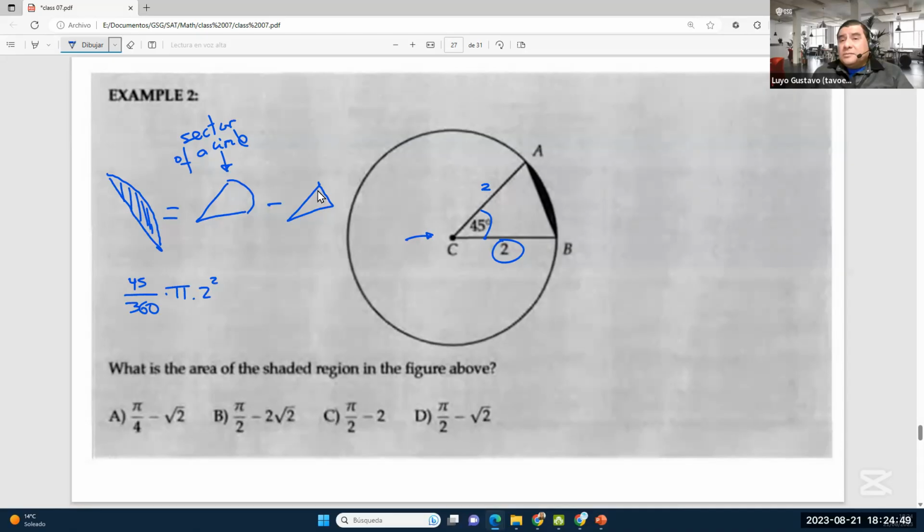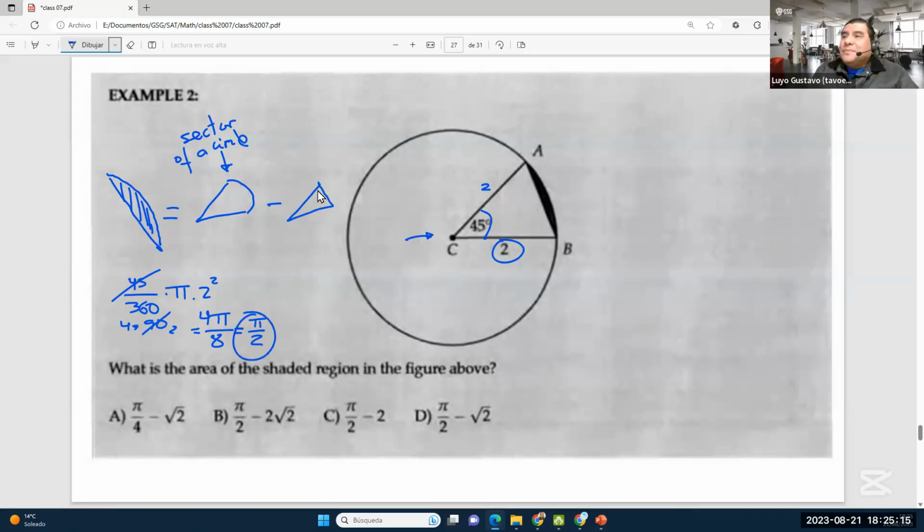Okay, of course, this is the same as 4 times 90, so you can simplify this. You just get 1 over 8, right? Or 4 pi over 8. So it's actually just pi over 2. That's this sector of a circle.